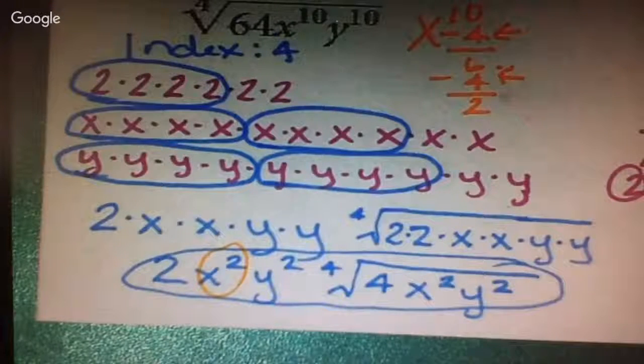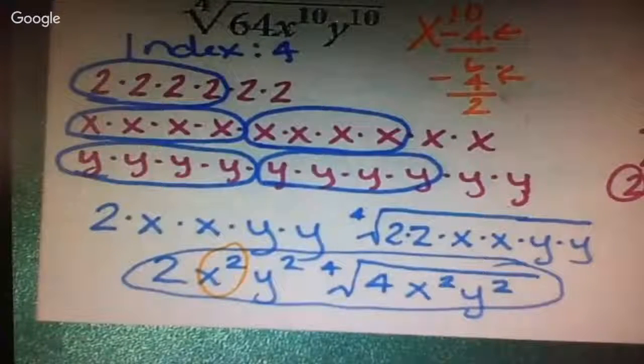Minus 5, 6. Minus 5, 1. So out front is x to the 6th, back underneath is x to the 1st. That would be the whole answer.